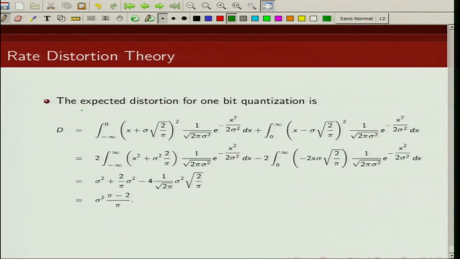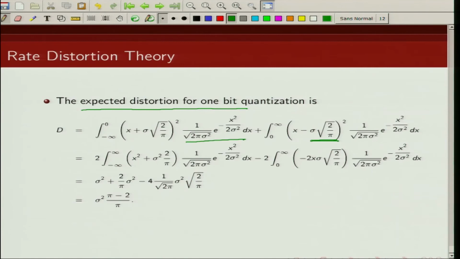Now to find out the expected distortion, for the negative real axis, the reproduction point is minus sigma under root 2 by pi, whereas for the positive this is the reproduction point. So distortion is given by x minus sigma under root 2 by pi, and since the distortion is squared error, we take a square of this.